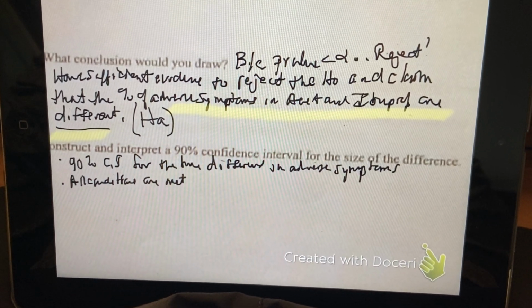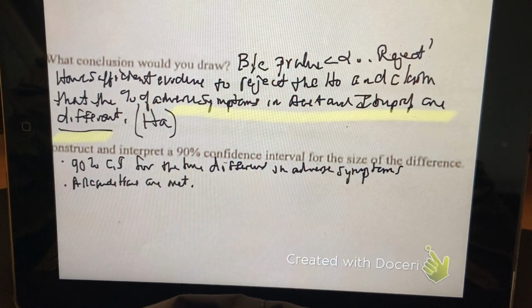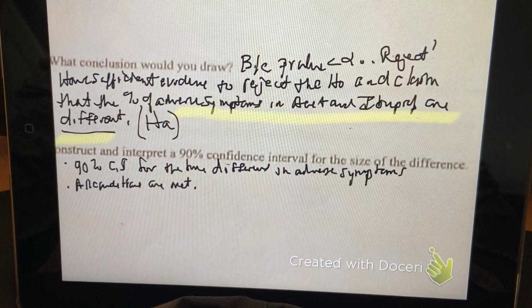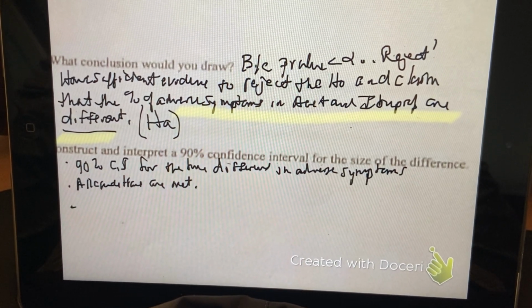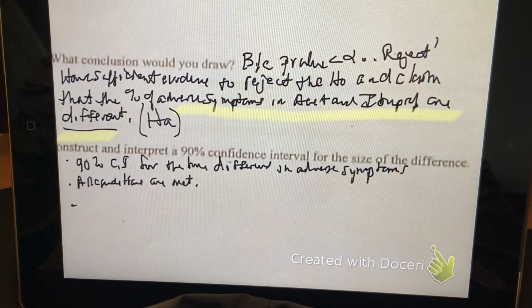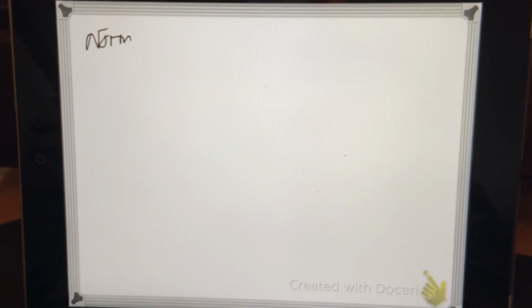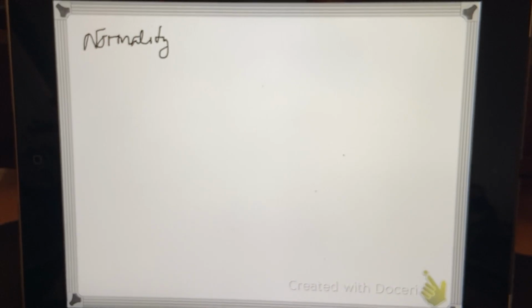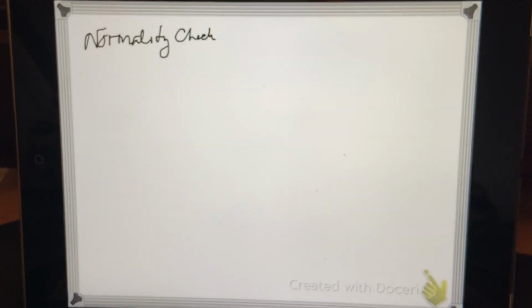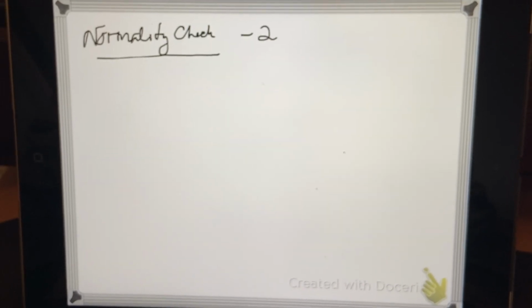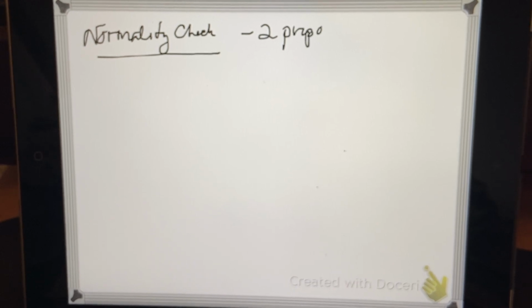But this time, with normality, I gotta check it. So my normality check is a little different. Okay, so I'm gonna slide over to a nice clean screen and do a normality check for a confidence interval. Now these are for two proportions.